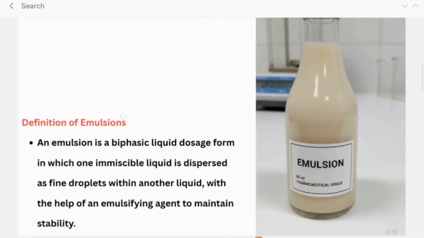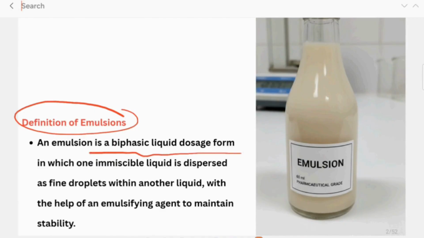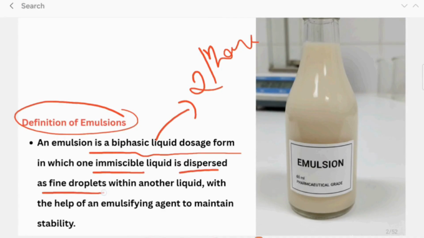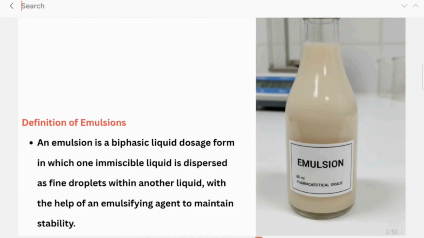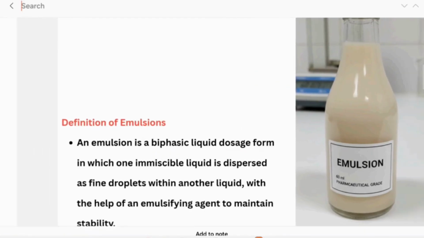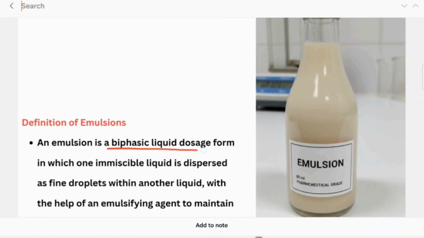What are emulsions? So emulsion is a biphasic liquid dosage form, means it contains two phases. Bi means two phase, in which immiscible liquid is dispersed as fine droplets within another liquid with the help of an emulsifying agent to maintain the stability.